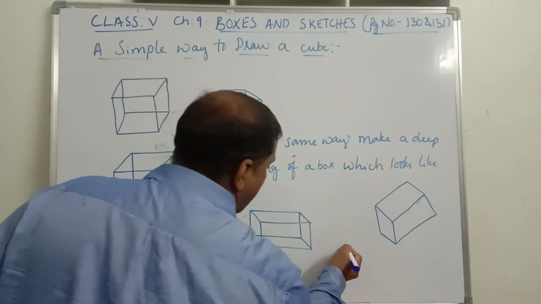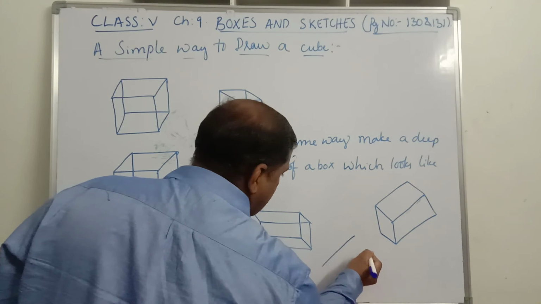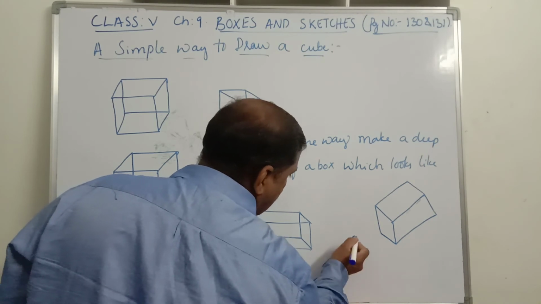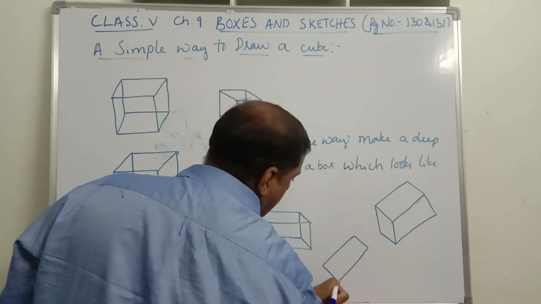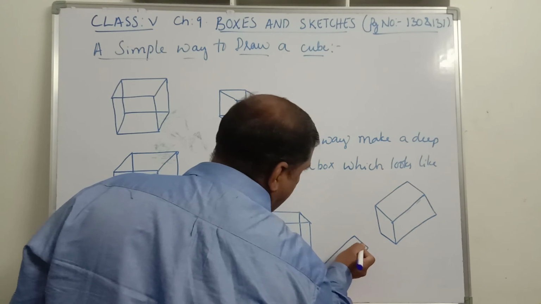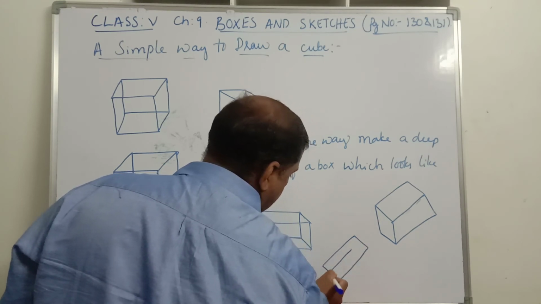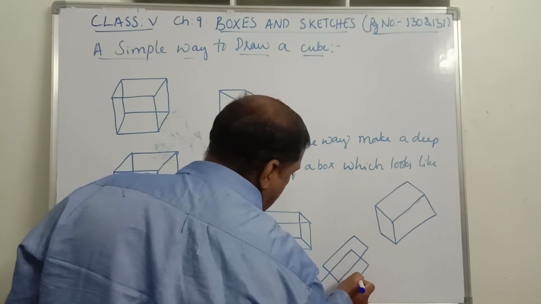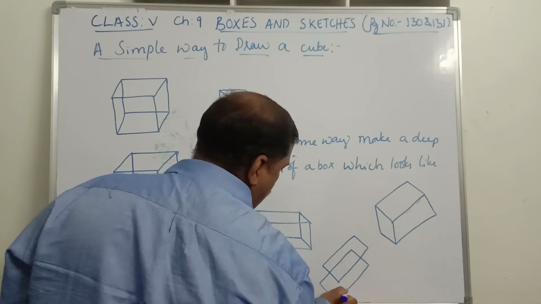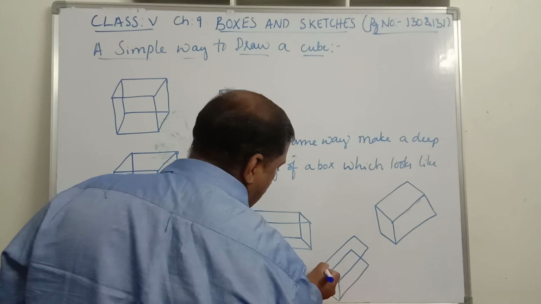If we take a slant like this, two rectangles slantly, we will get the box. So take one more rectangle, like this, and join the corners. We will get what?